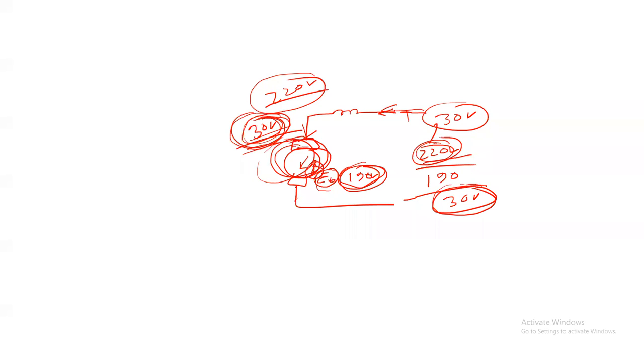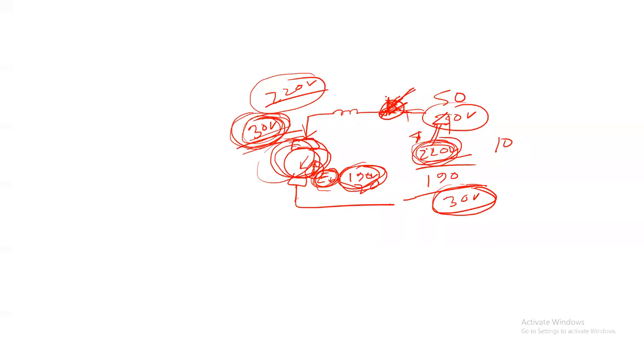When the motor runs, back EMF develops. Suppose back EMF develops to 10, then you need 40 volts. Back EMF 20, then your voltage is 50. As the developed voltage increases, the voltage increases. So in this section we need a variable resistor.